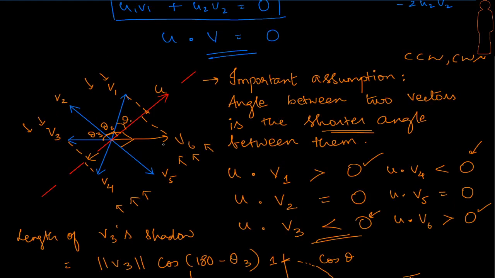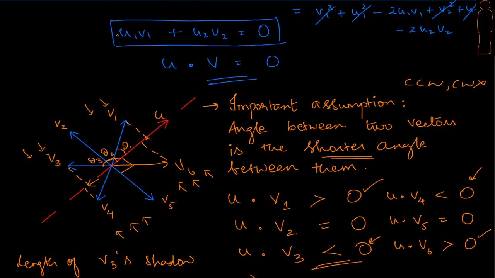Simply calculating the dot product and looking at its sign tells us where the vector v is located with respect to u. Is it on the same half plane as u, or is it on the other half plane away from u? Just looking at the dot product. And we have an easy formula for the dot product, where we can simply take the product of the components and add them, and we will be able to understand where this vector is lying.